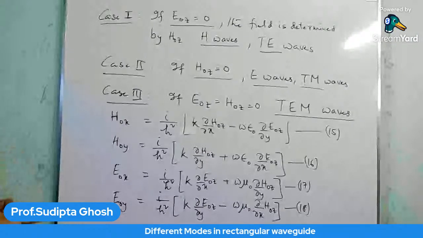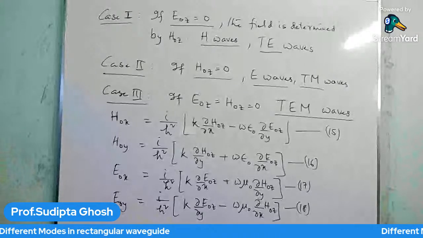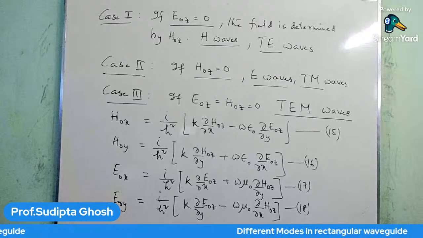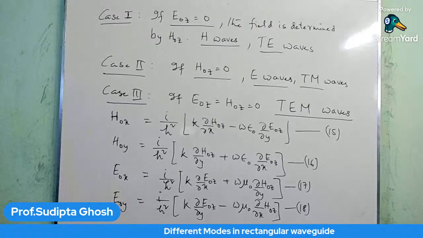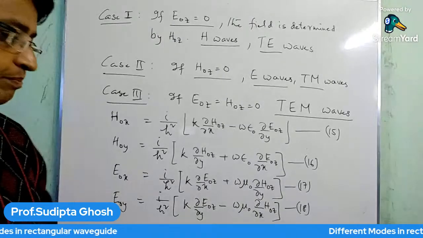So we have to concentrate on the transverse electric as well as the transverse magnetic waves inside a rectangular waveguide. Okay? Any problem?